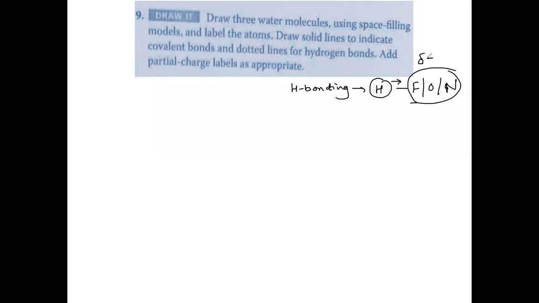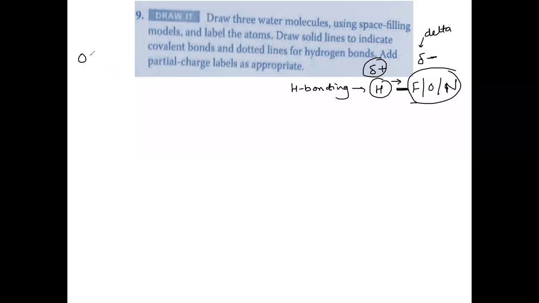As a result of that, they form partial charges. Delta shows partial charge, so a partial negative charge, while the hydrogen, due to the shift of electrons towards the fluorine, oxygen, or nitrogen, forms a partial positive charge.